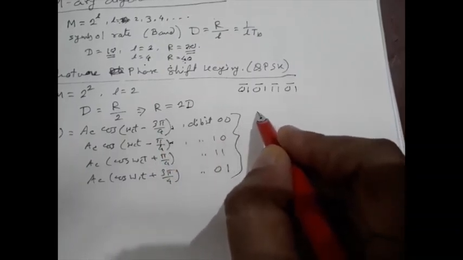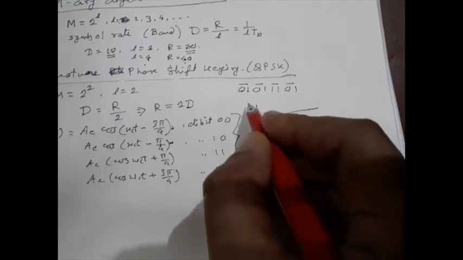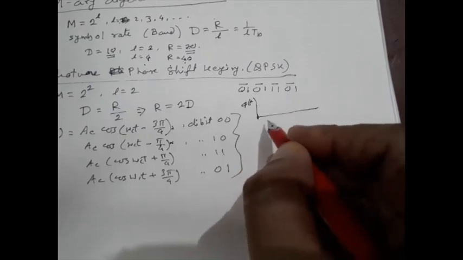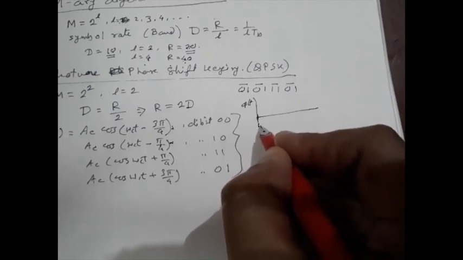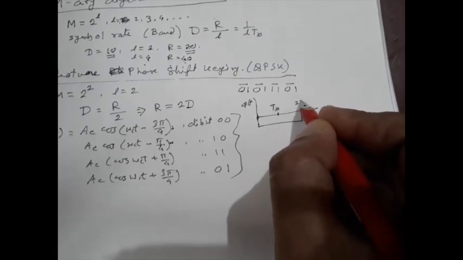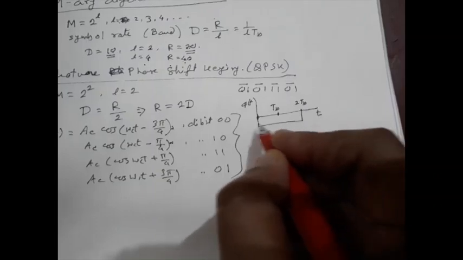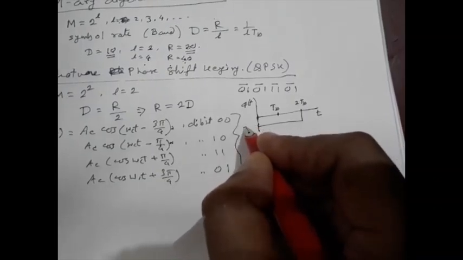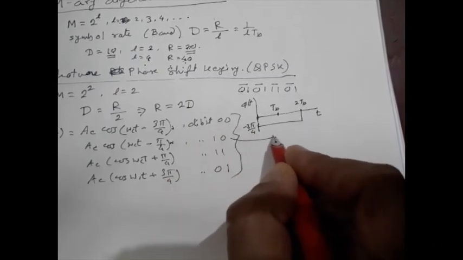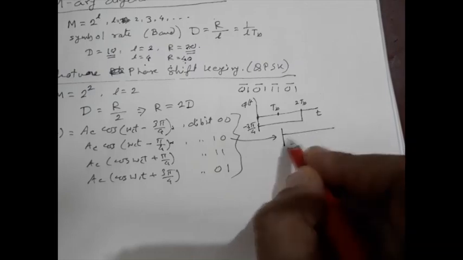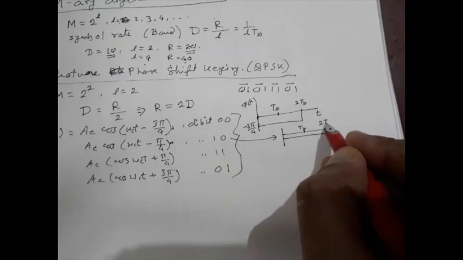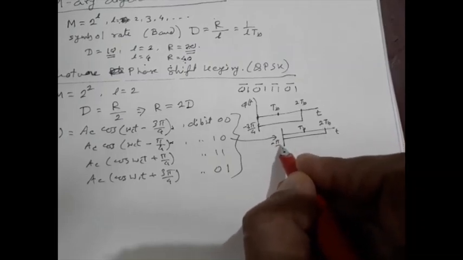So in this case, the phase can be represented as follows. This one is T_b, this one is twice T_b. Minus 3π/4 for dibit 0 0. For this one, minus π/4.